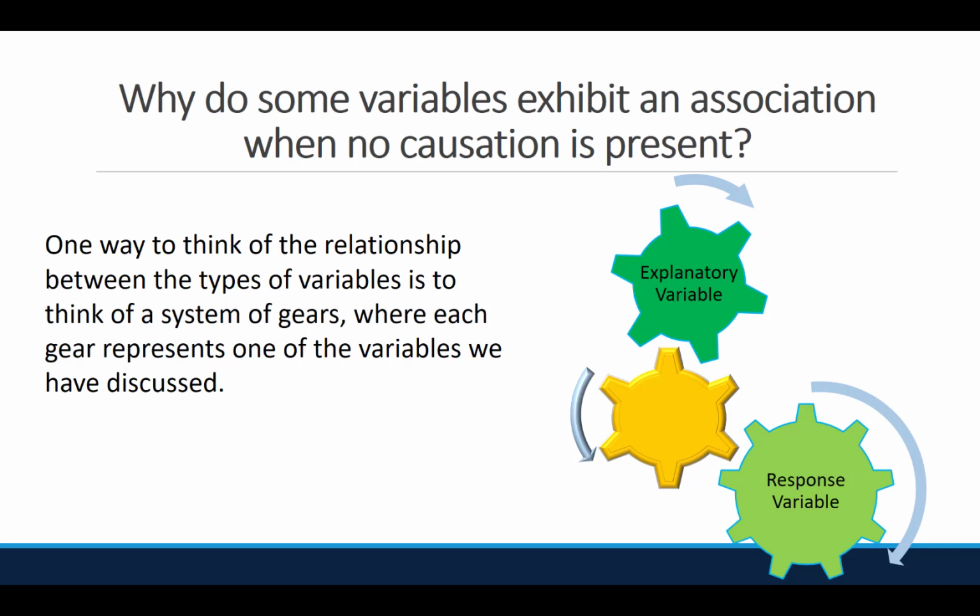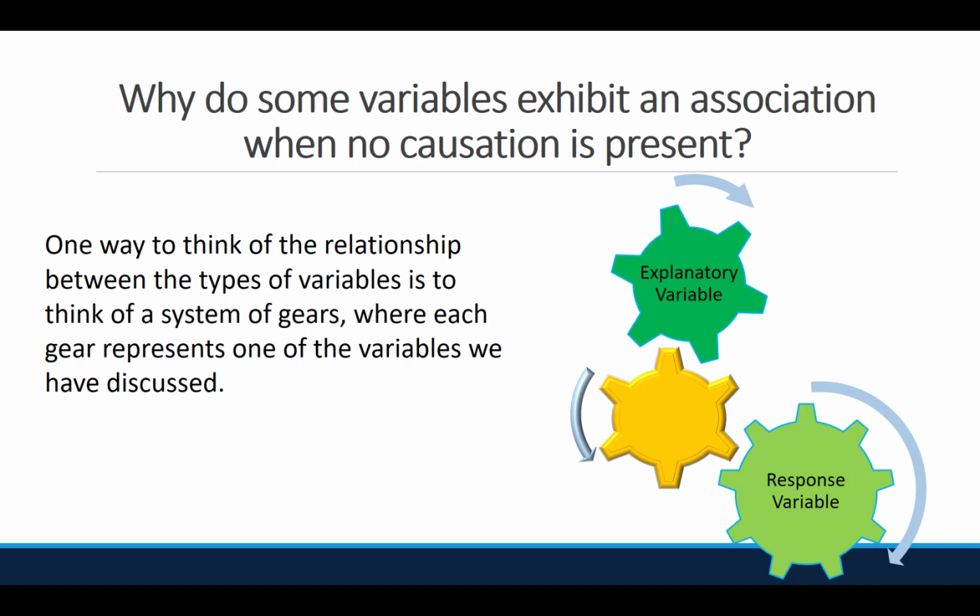We would say that we have an association since both gears turn, but no causation since the gears do not touch. The third gear in the middle is the confounding variable. Notice that the confounding variable touches both the explanatory and the response. This is just one possible scenario. We could have more complex scenarios where both the explanatory and confounding variable touch the response variable gear.